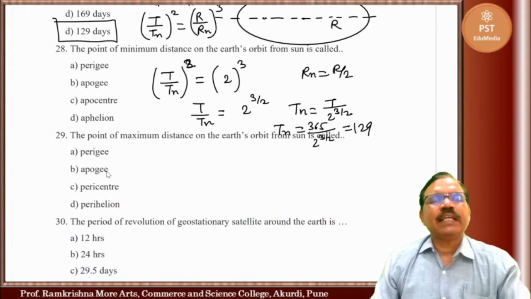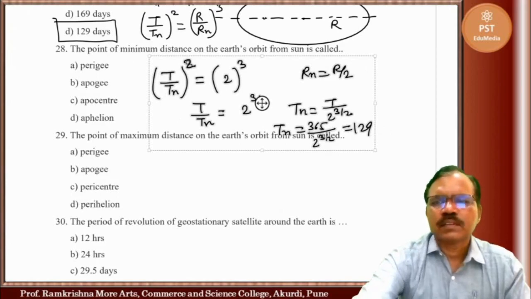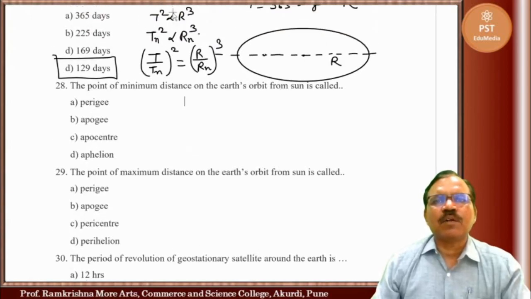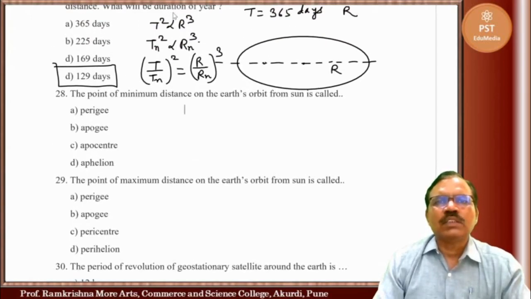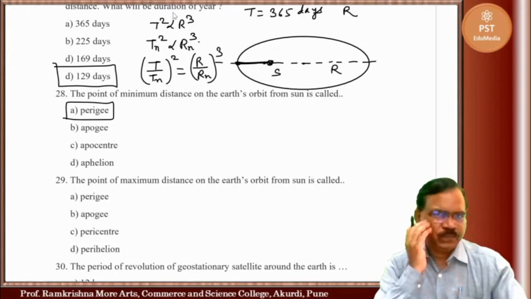Next one, I will remove this. The point of minimum distance on the Earth's orbit from the sun is called? So this is the position of the sun, and this is the minimum distance. This is called perihelion.